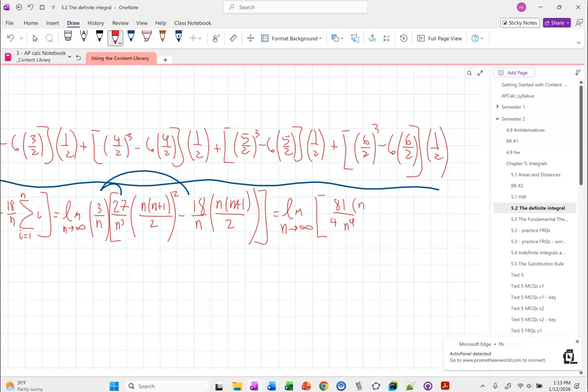And in the numerator, I'm going to have n times n plus 1 squared. Over here, I'm going to have 3 times 18, 54, and then n times n plus 1. And on the bottom, I'm going to have n times n, so n squared, times 2.